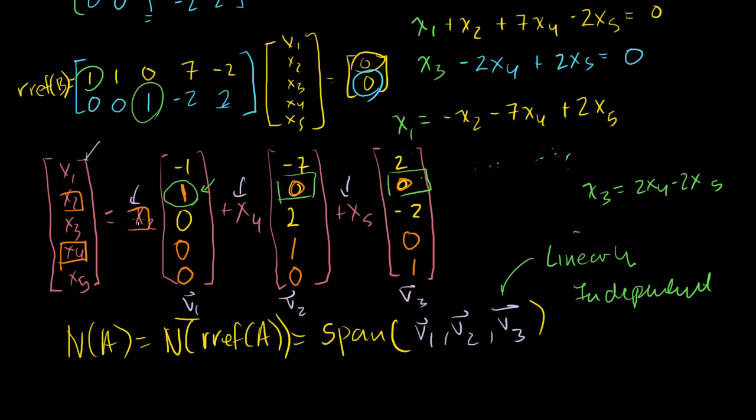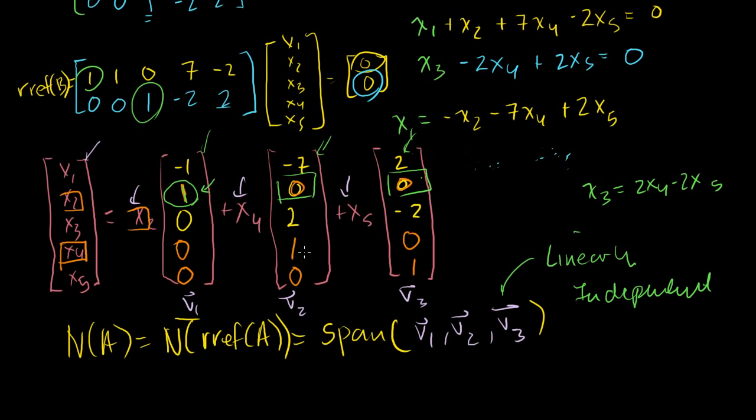For any free variable, if this free variable represents the second entry, we're going to have a 1 in the second entry here, and then a 0 for the second entry for all of the other vectors associated with the other free variables. So can this guy ever be represented as a linear combination of this guy and that guy? Well, there's nothing that I can multiply this 0 by and add to something that I multiplied this 0 by to get a 1 here. It's just going to get zeros. So this guy can't be represented as a linear combination of these guys.